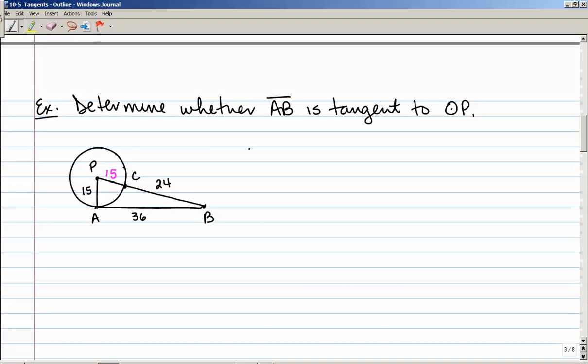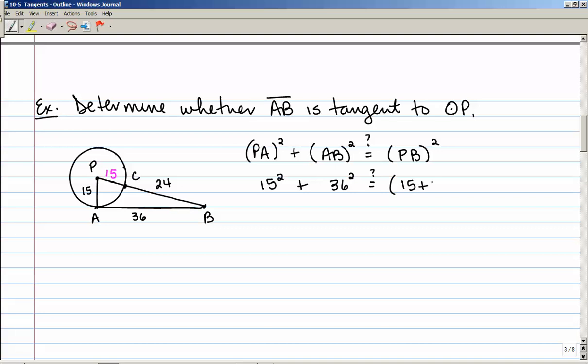So we need to ask ourselves, is PA squared plus AB squared, notice those are the two legs of the right triangle, equal to PB squared? And that's the hypotenuse. So PA is 15 squared plus 36 squared equal to, now the hypotenuse is 15 plus 24, or 39 squared.